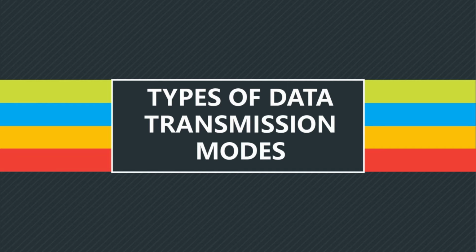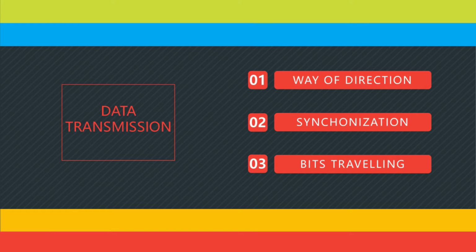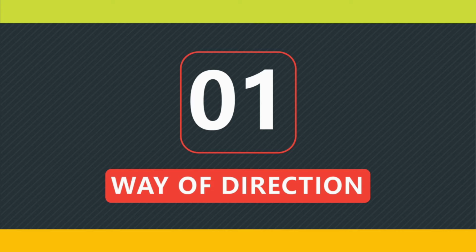There are several ways of data transmission. It is mainly divided in three major ways, and these three major ways are also further divided in several other ways. For example, the first way is the way of direction.